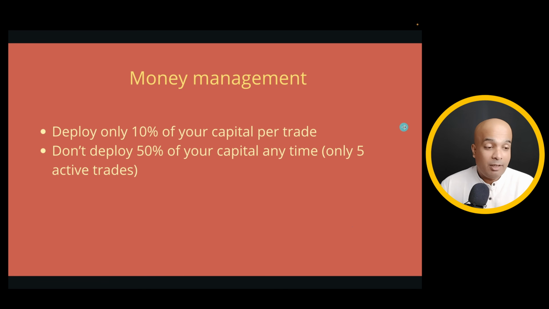And again, in positional breakout trading system, don't deploy more than 50% of capital at any time, because it indicates only 5 active trades. Why? Because the price moves in uptrend, sideways trend and downtrend. Until you learn, actually until you get a grip, don't deploy more than 50% of the capital.